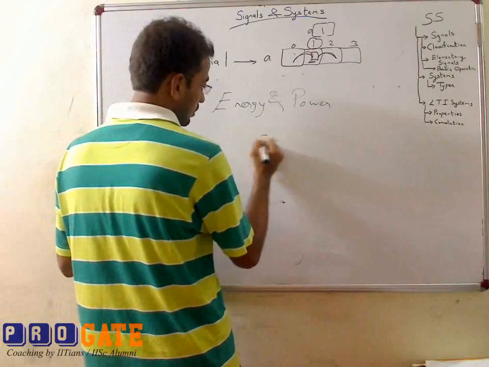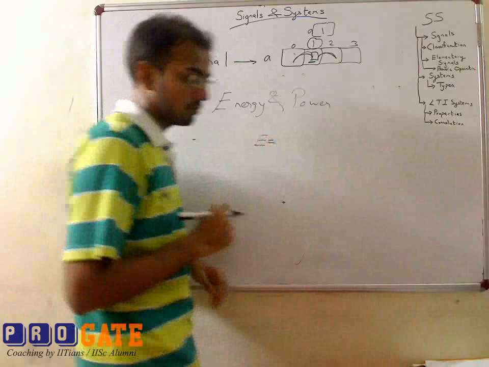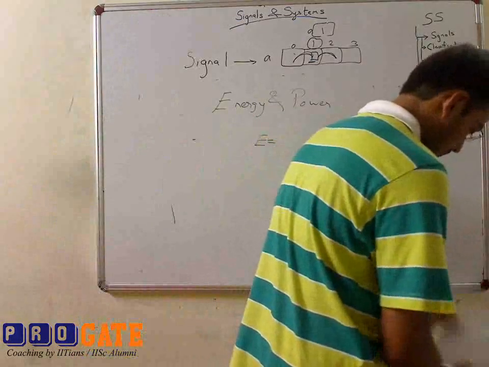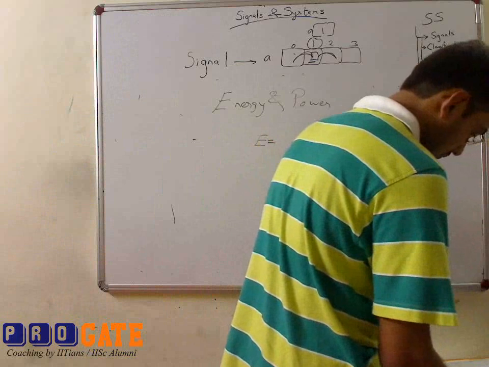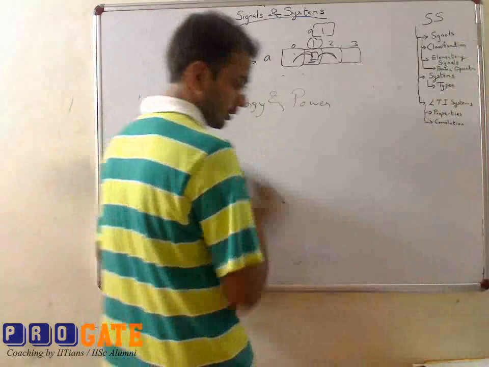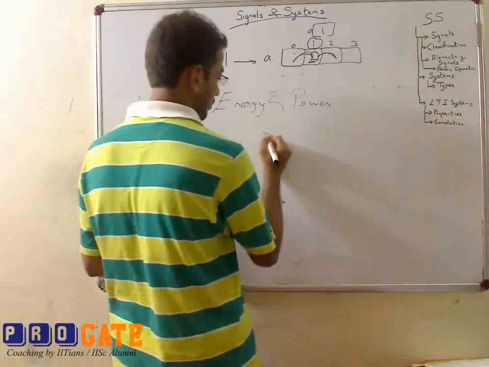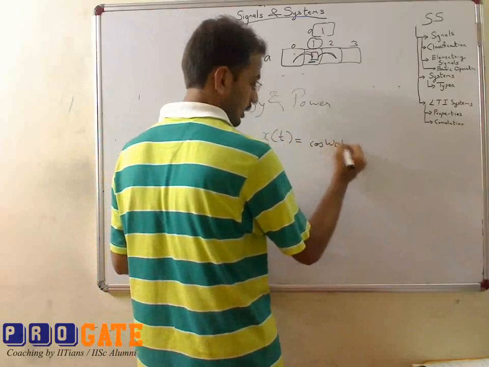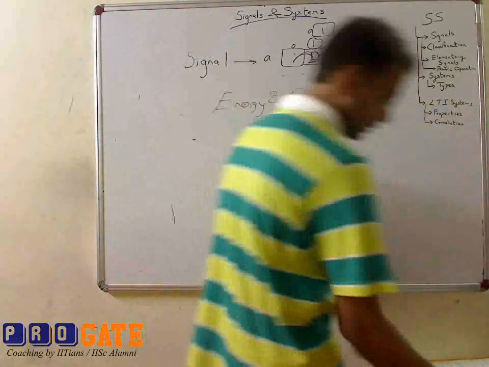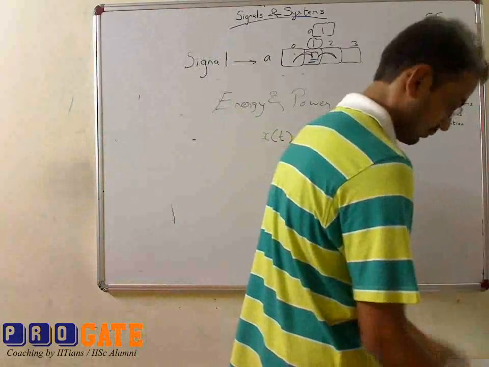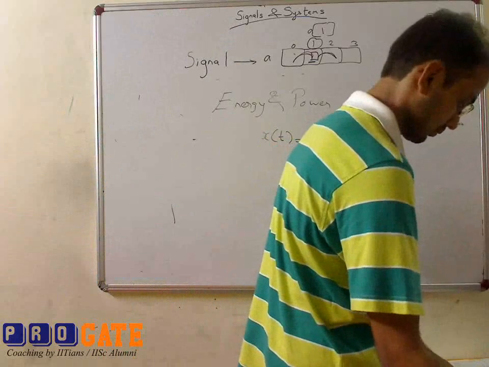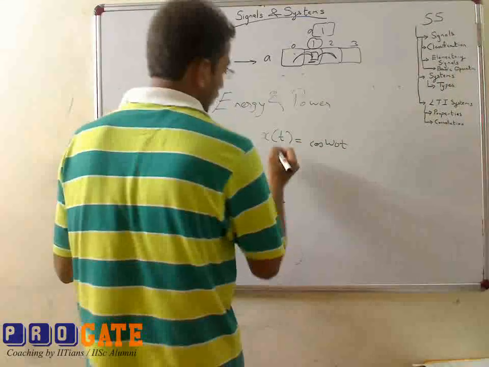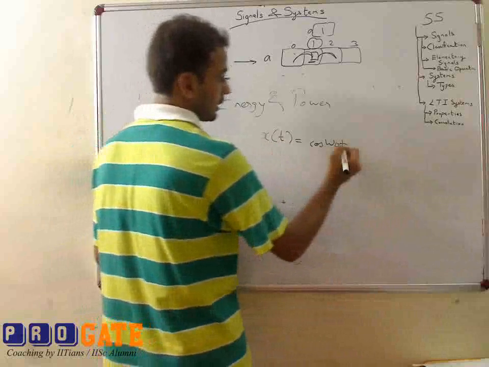If you take some equation, take our normal x(t) is cos omega naught t.